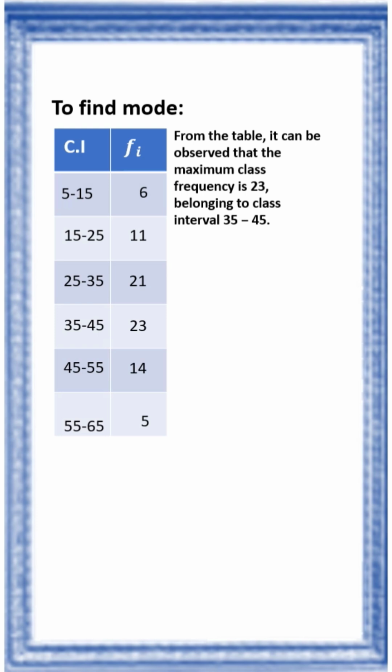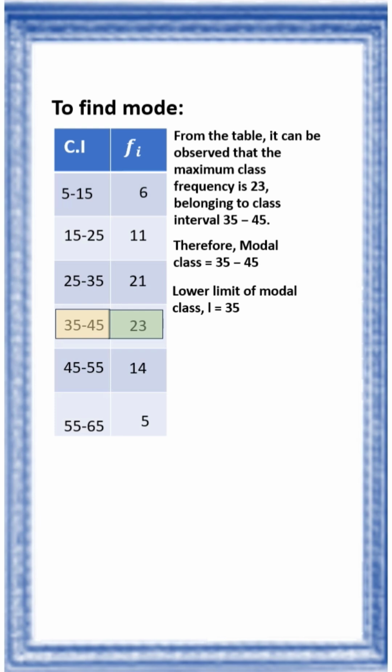From the table, it can be observed that maximum class frequency is 23, belonging to the class interval 35 to 45. Therefore, modal class is 35 to 45. Lower limit of the modal class L is equal to 35.